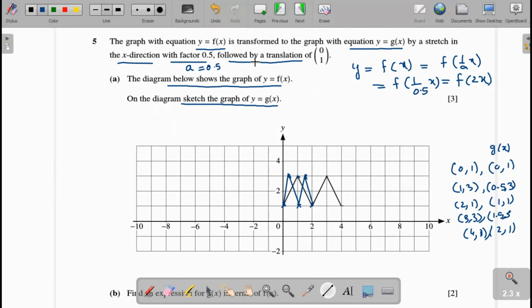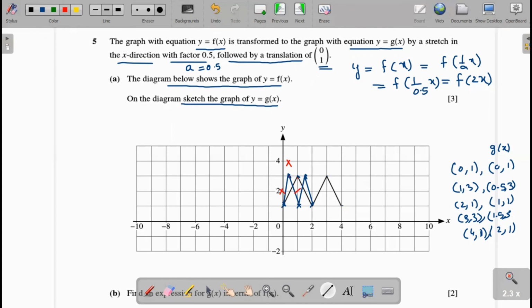Okay. Now you see this graph is also translated by (0, 1). When the translation is (0, 1), it means we have to shift the graph vertically up 1 unit. Now we shift all these points vertically up 1 unit.